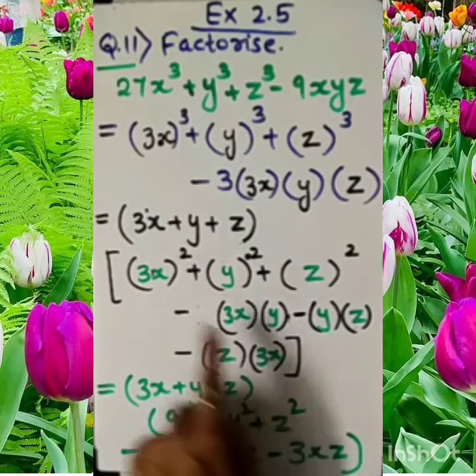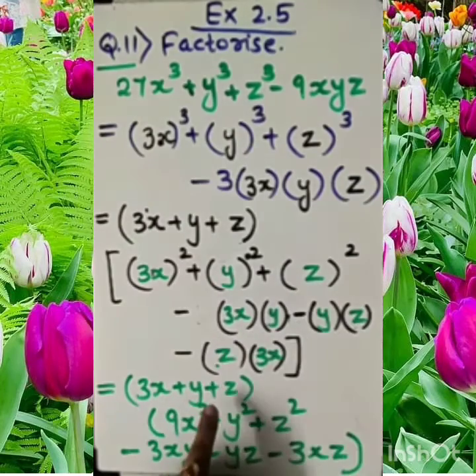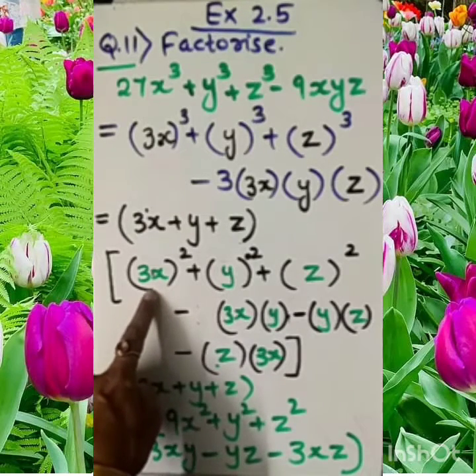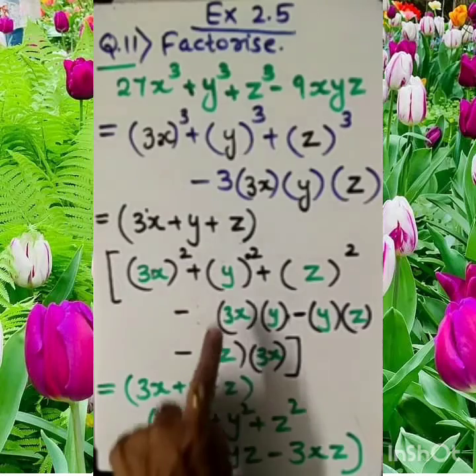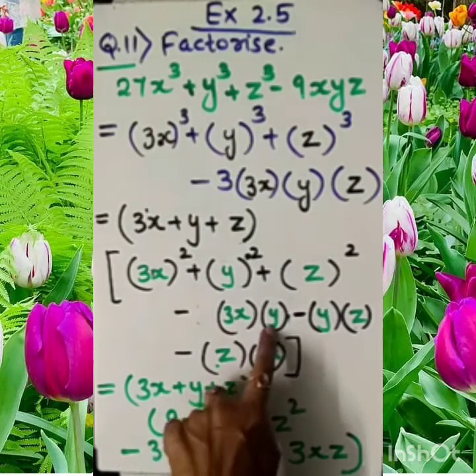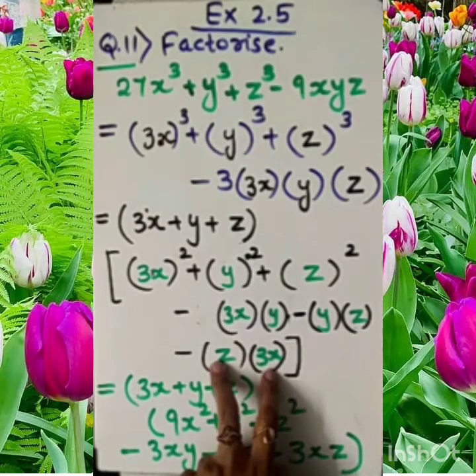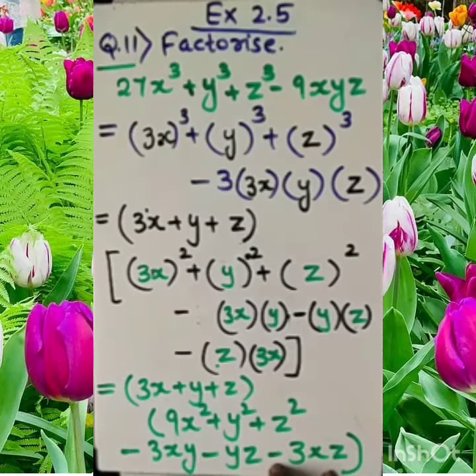As you know, a means first term 3x, b means second term y, and third term z. Here first term square is 9x square, this is y square, and this is z square, minus a into b, that is 3xy, then second term and third term product, and third term and first term product. So this is the complete solution of question number 11.